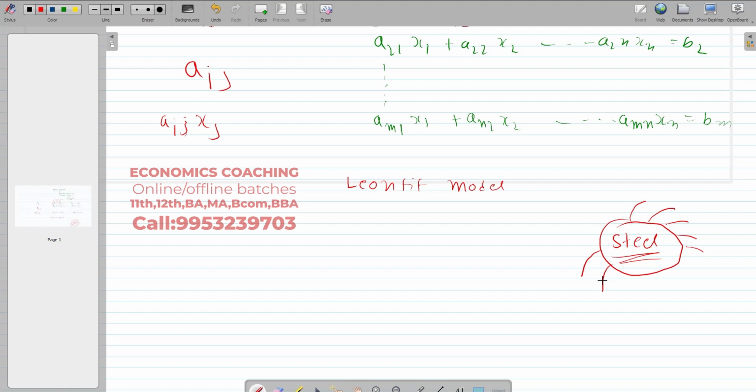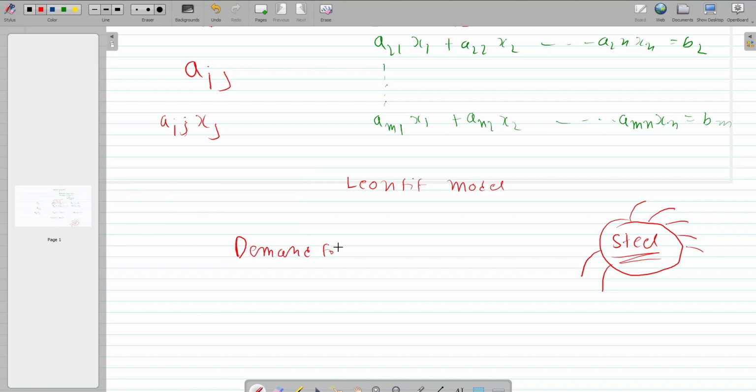So here we will say that the total demand for steel is equal to input demand. Input demand is when this product is used as an input in different industries, when it is being demanded as an input in other industries.